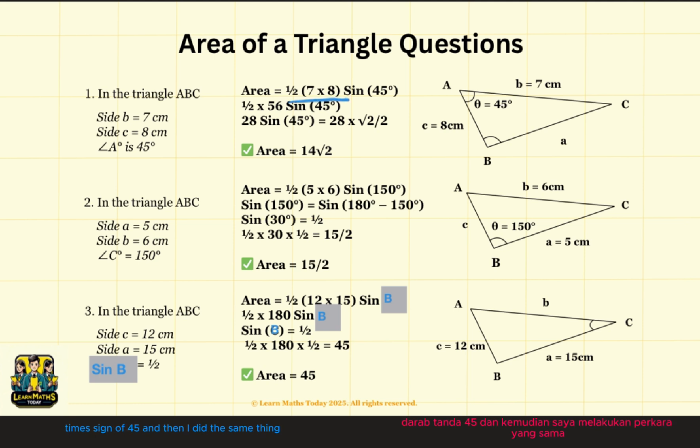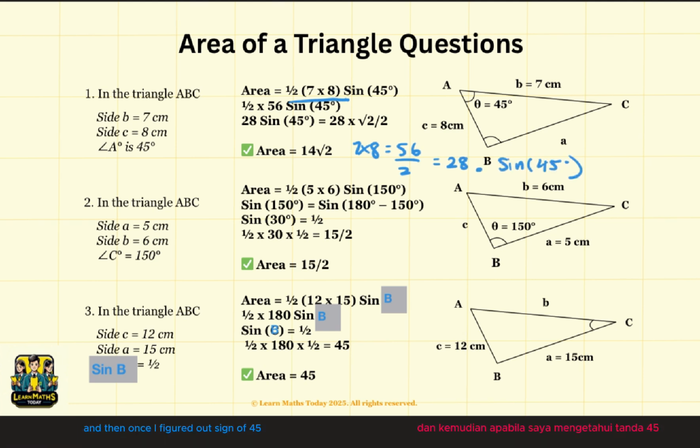times sine of 45. And then I did the same thing where I broke it up into 7 times 8 is equal to 56 divided by 2, which would give you 28. And then I multiplied that by sine of 45 so I could have some algebra out of the way. And then once I figured out sine of 45, which would end up being √2/2, I multiplied 28 by √2/2, which would give me 14√2, and then that was my answer.